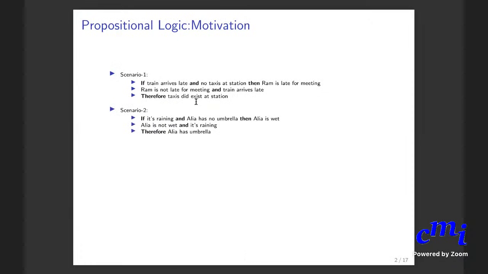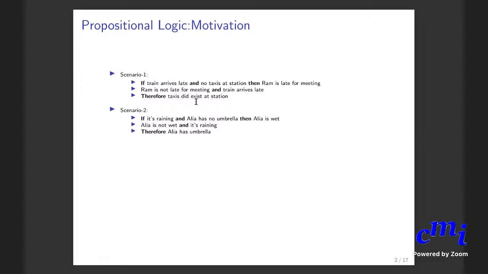So here's another scenario similar to this one. The scenario is similar, but the statements are somewhat different. If it's raining and Alia has no umbrella, then Alia would be wet. And you know the fact that Alia is not wet and it is raining.